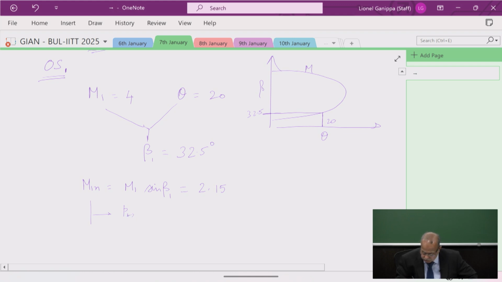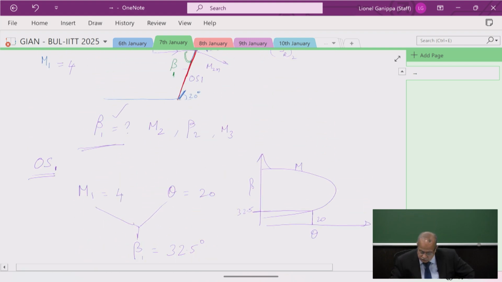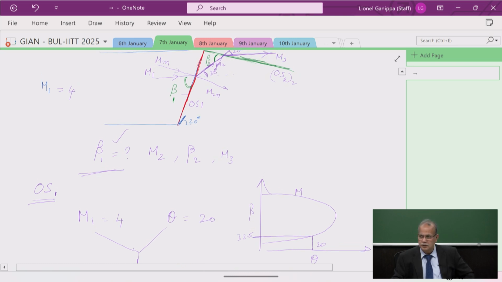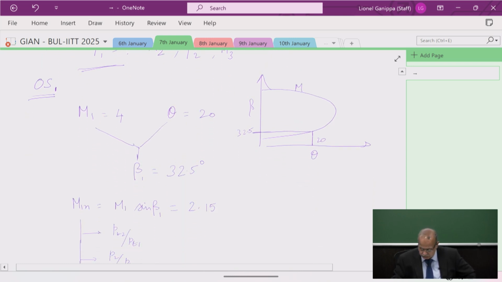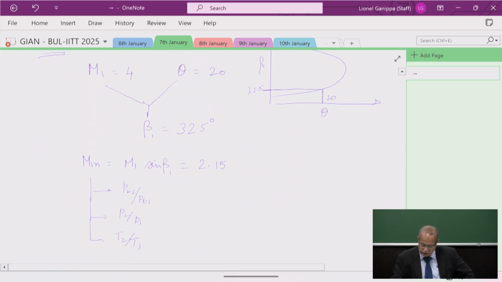You can find almost all the properties: PT2 by PT1, P2 by P1, T2 by T1, and so on. But in the problem, we are not asked to find those parameters, but you can find them. You know how to find these values, because we already did it in the previous problem.